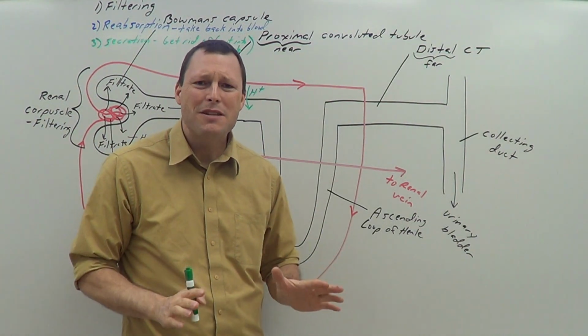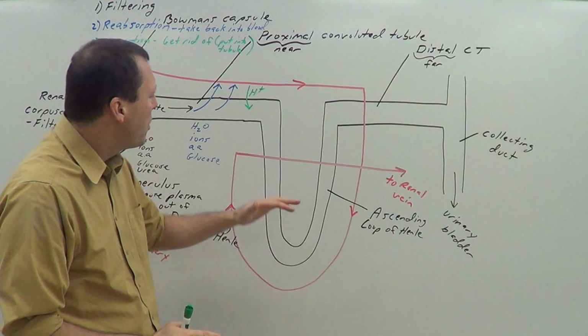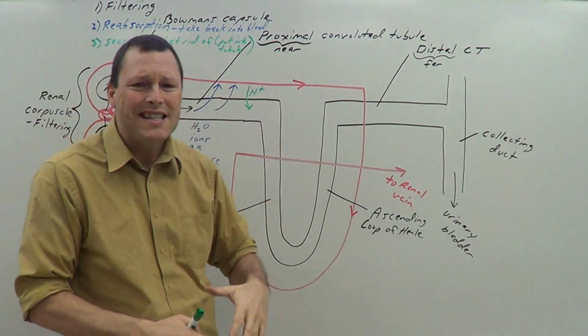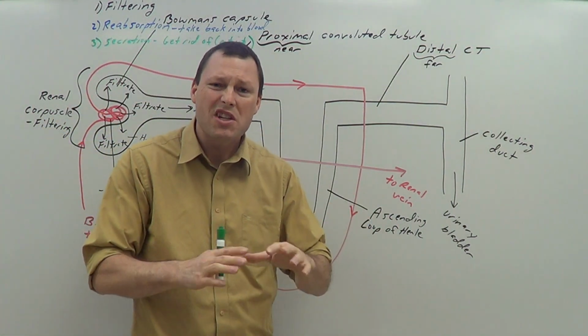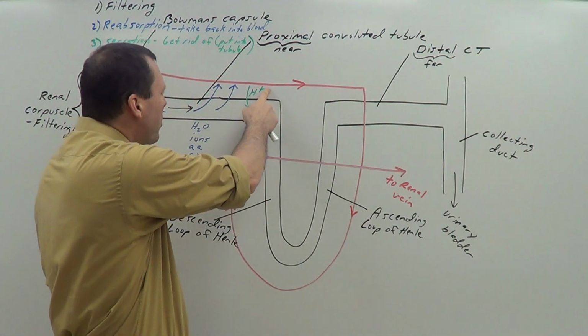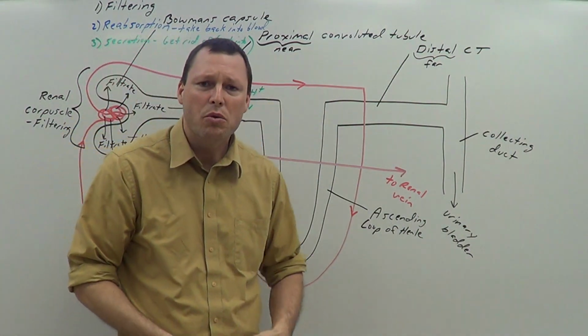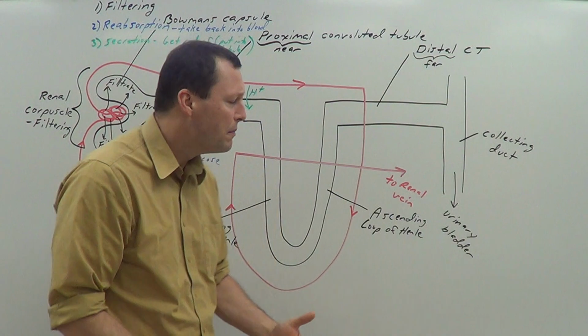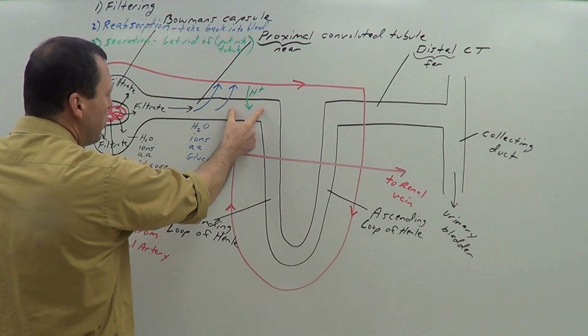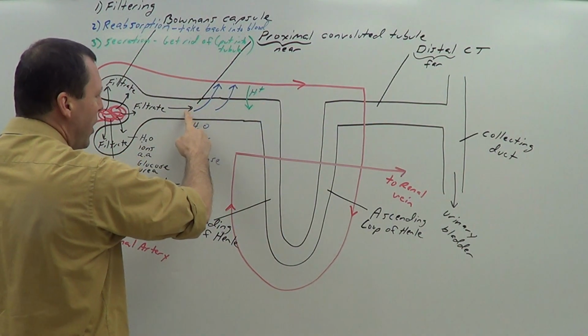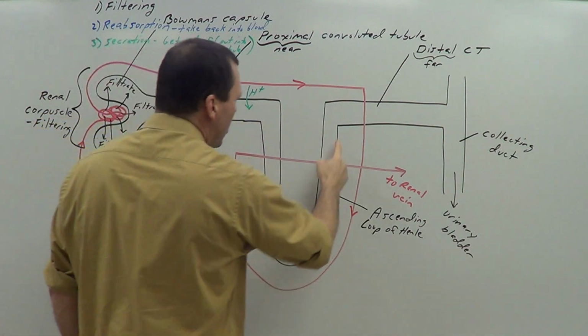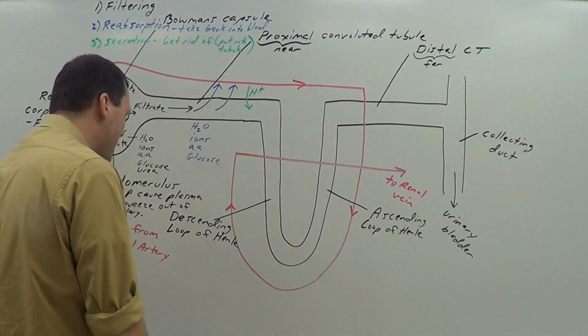So the body tends to be acidic. So in order to get rid of that excess acid so that we can be slightly basic, we need to get rid of the acid part of an acid. We need to get rid of those hydrogen ions. And this is one of the places where that takes place. And remember, anything that goes into this tubule ultimately gets eliminated from the body.